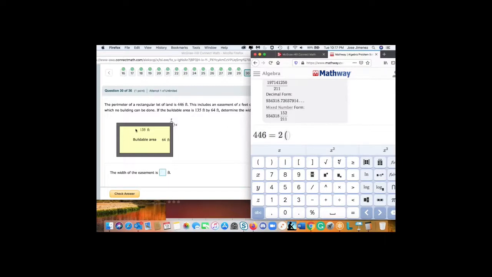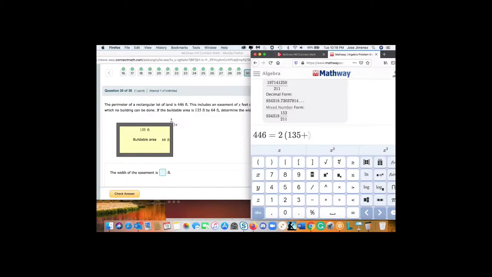The length is 135, but I'm sorry. Let's start again. 446 equal 2 times the 135 plus this each side is x.